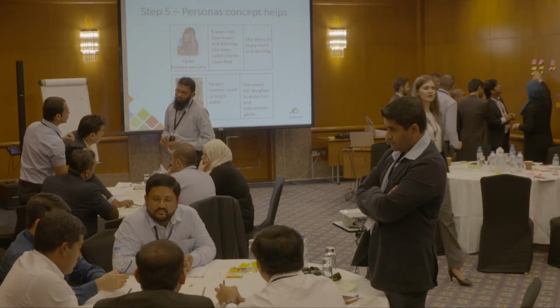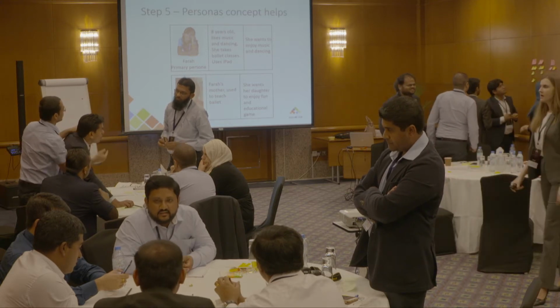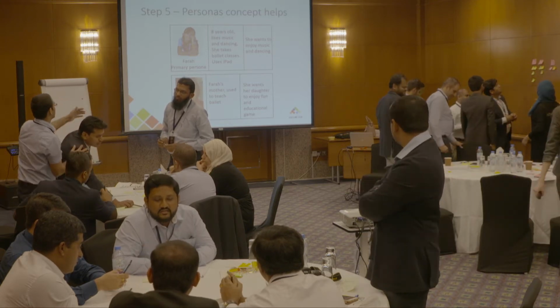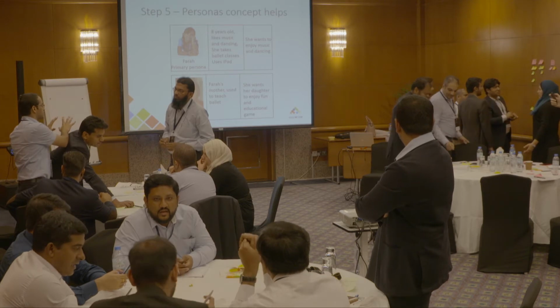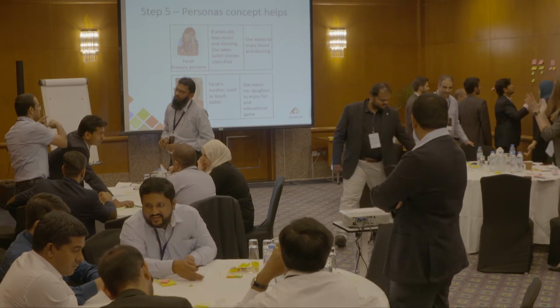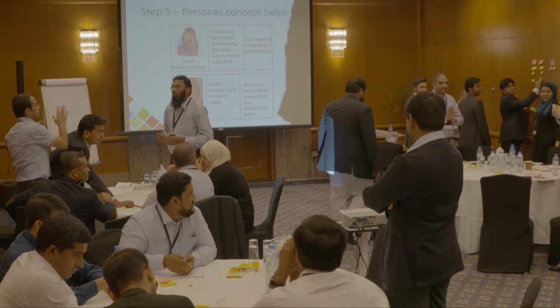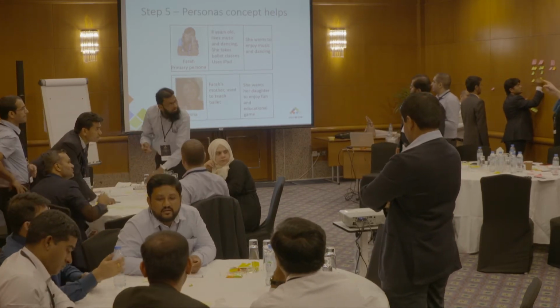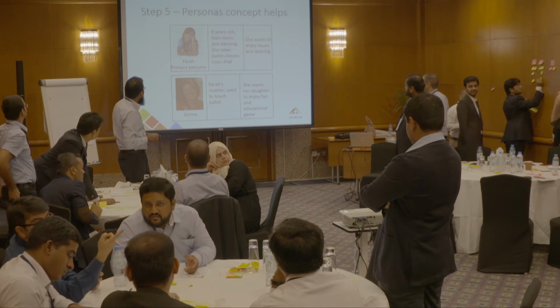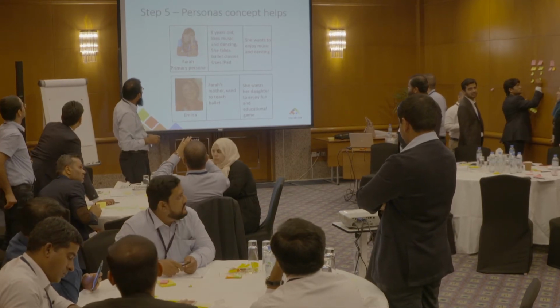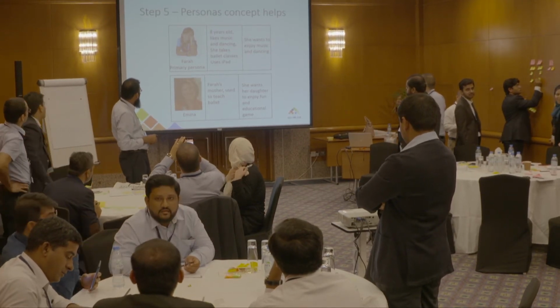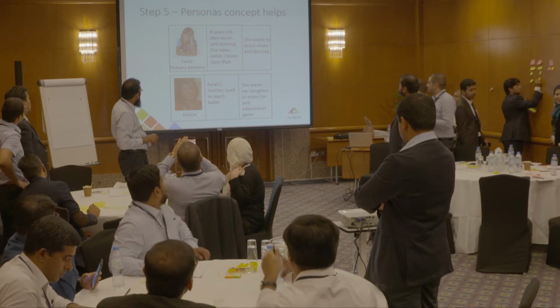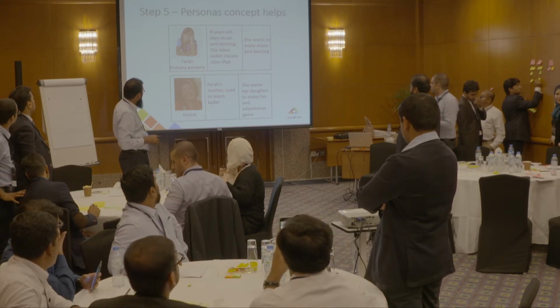Something very useful to add when adding these user stories: you can use the concept of personas. Think about, for example, a dancing app, and there is a girl called Farah. She is the primary persona, and you think about which features she needs.